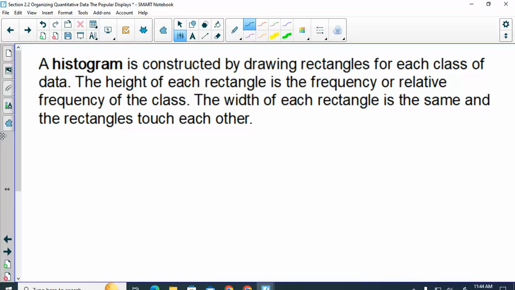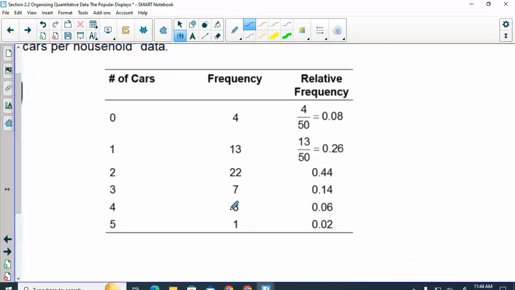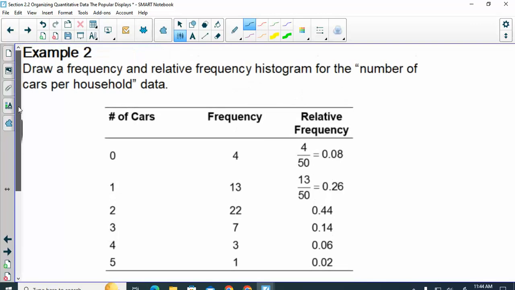So I just kind of want to walk you through how we might do one. So this was the data that we just got, and I want to make the histogram. Let's not do both. Let's just do a frequency histogram, because if you could do one, then you could do the other. All right, so we're going to draw this graph to the best of our abilities.